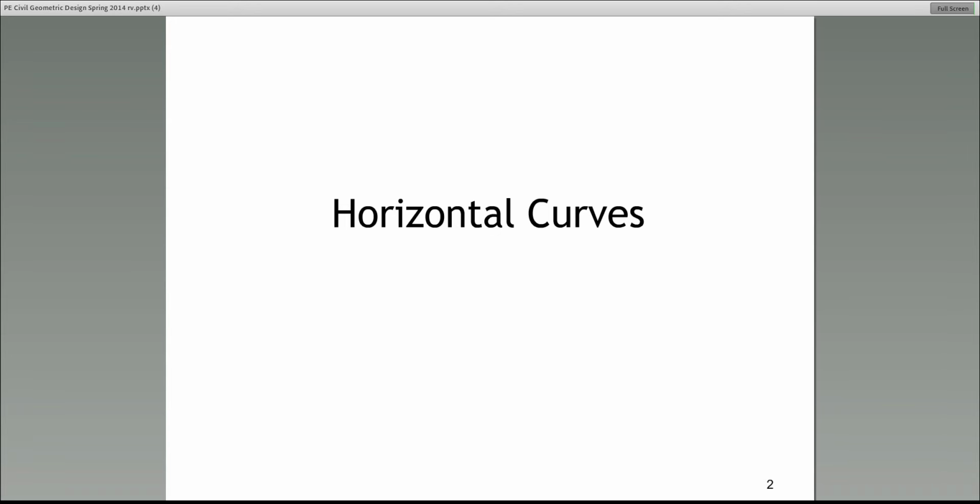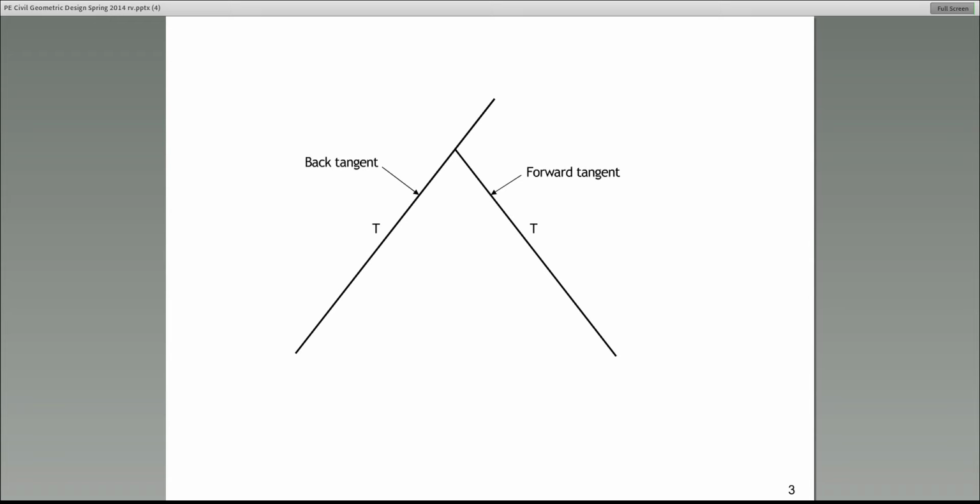Okay. Under the horizontal curve topic, let's begin with assuming that you are traveling on a straight road.